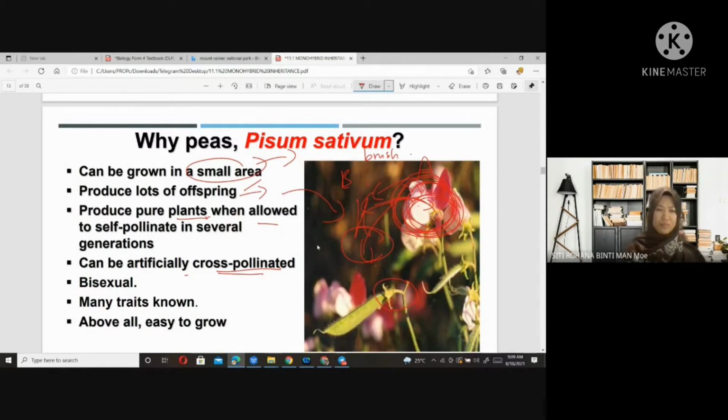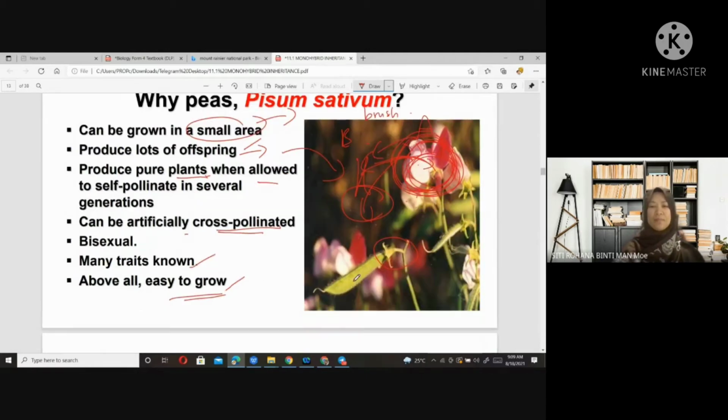Okay. And many traits known. Semua ciri ni boleh diketahui. Okay. Tak ada yang hidden. Kita tengok nanti apa maksud hidden. Okay. Above all easy to grow. Maksudnya kat sini senang sangat nak tanam.